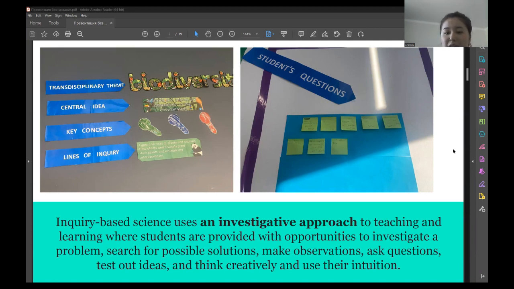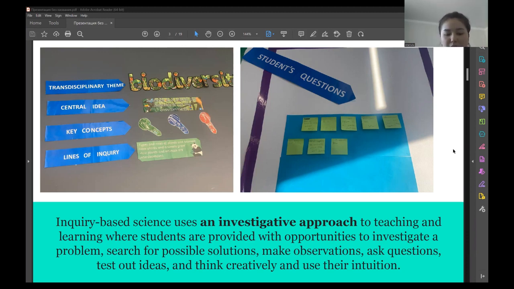So basically, the inquiry-based approach is common in my school, in my science lessons. It can be an activity, a part of an activity, a kind of activity you use in science lessons, but we try to conduct and engage students through this approach.